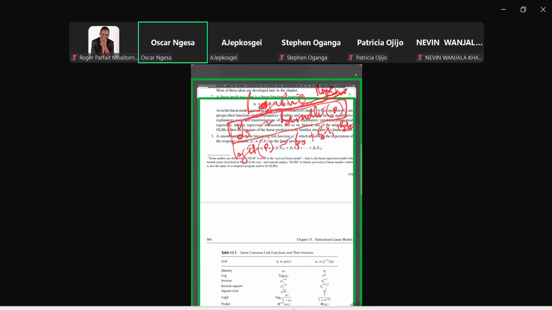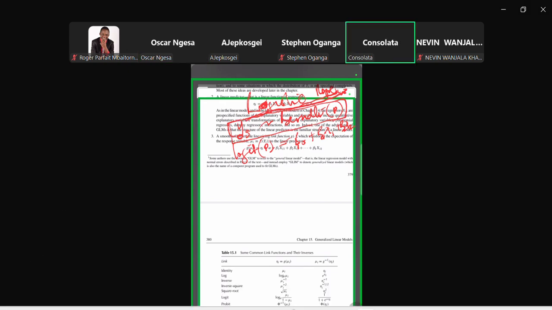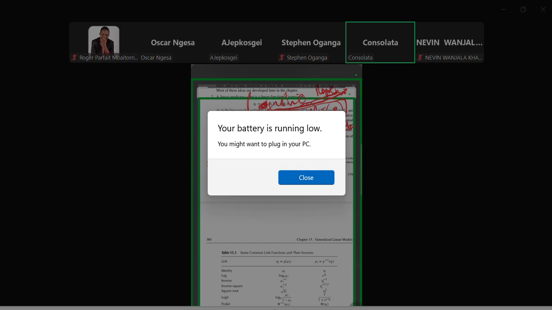Another person, can you see the linear predictor? It's the part from beta naught to beta 2 x2. Correct.